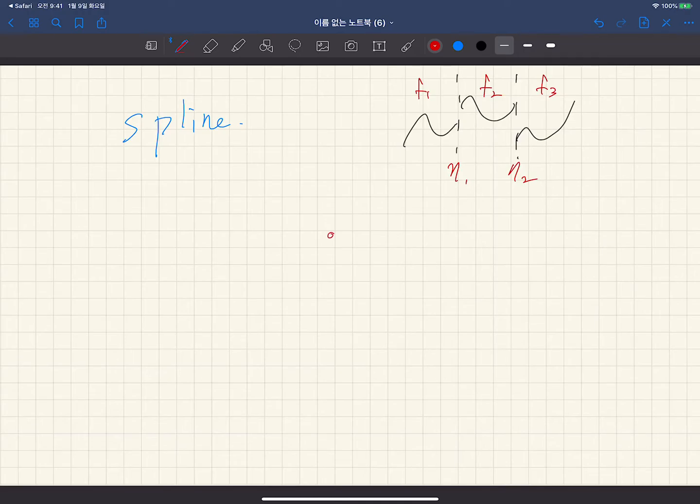The spline method introduces a condition so that f1(eta 1) equals f2(eta 1), which means these two functions must have the same function value here.